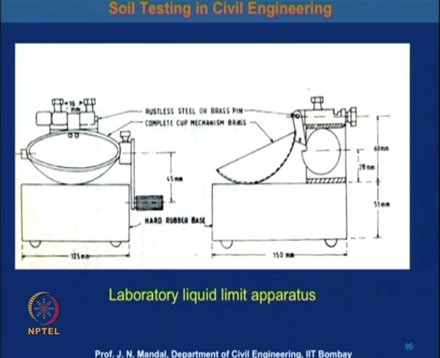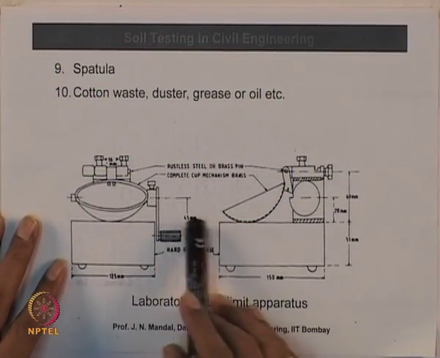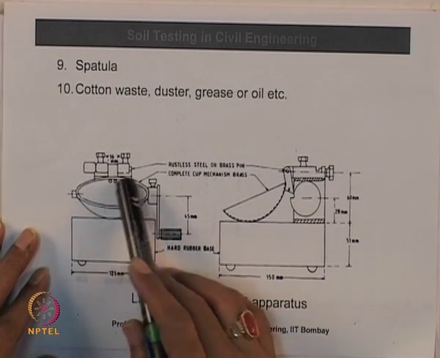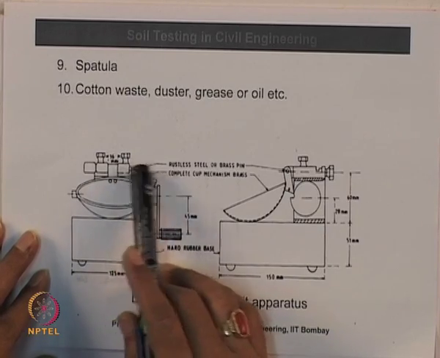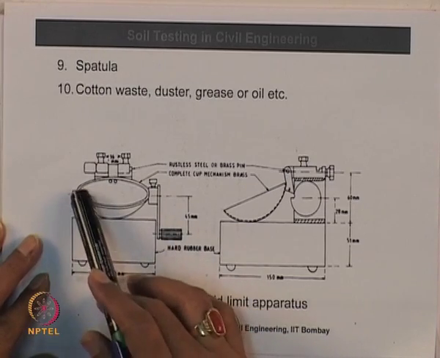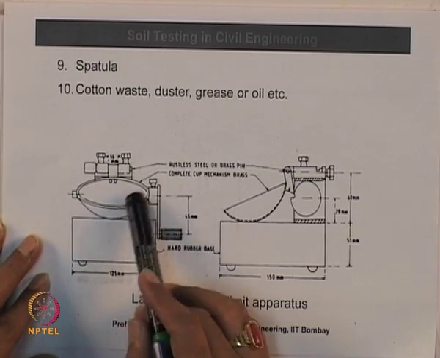First of all, we want to determine what the liquid limit of the soil is. To calculate the liquid limit of the soil, we require the liquid limit apparatus. So, this is the liquid limit apparatus, and you can see here the brass plate, and this is the complete cup mechanism.